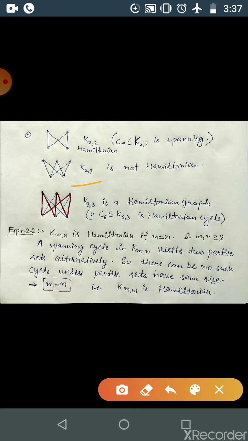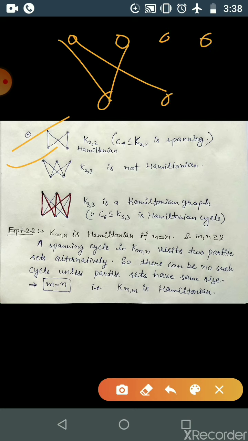Now come to K33, and obviously K1n is not Hamiltonian because there is no cycle. K2n, K24 you can consider first, then I will come to K33. K23 is done, K22 done, K24. So here we can consider K24.